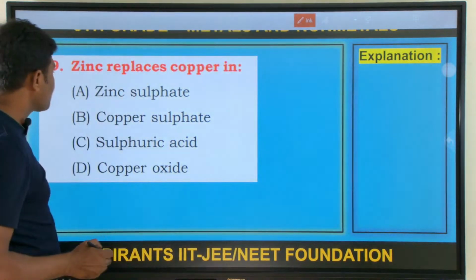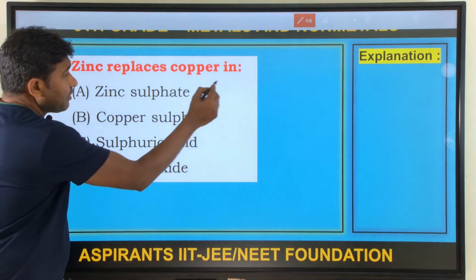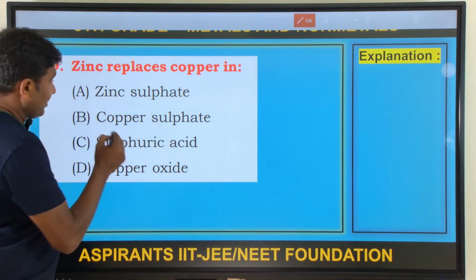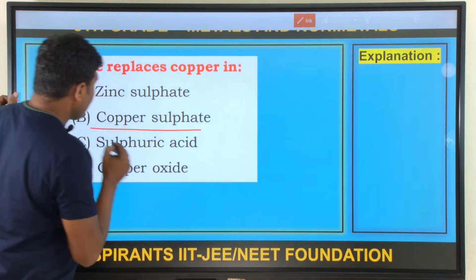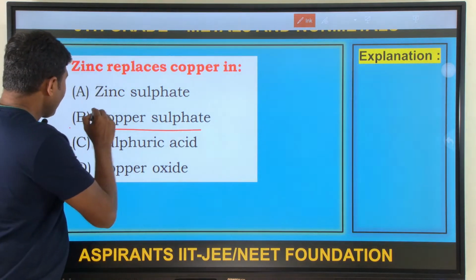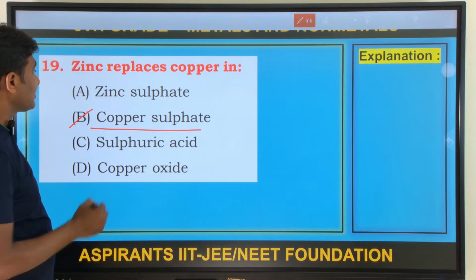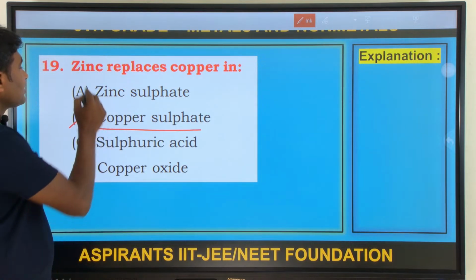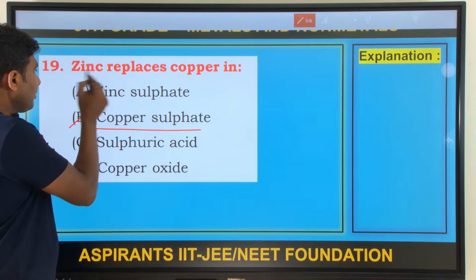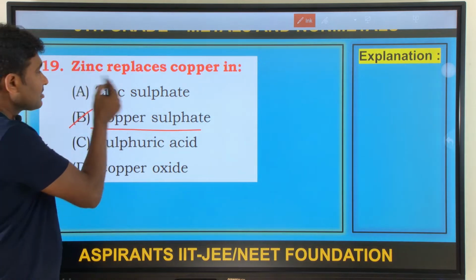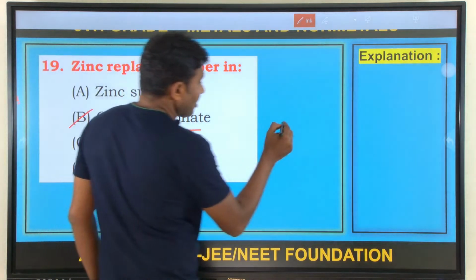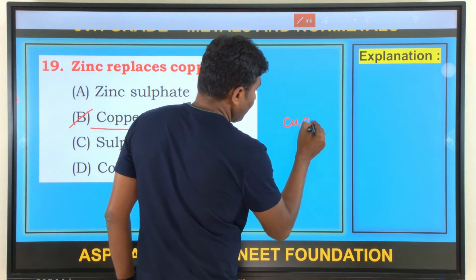So we come to the question. Zinc replaces copper in copper sulfate. Why? Because when we observe the metal activity series, zinc is before copper. Generally, we know the copper sulfate formula, CuSO4.